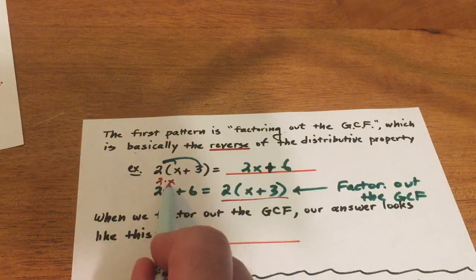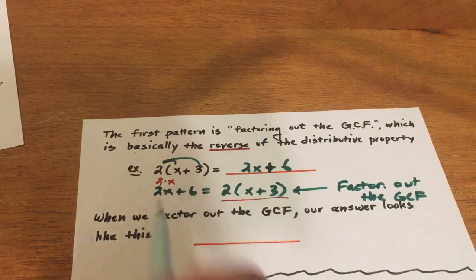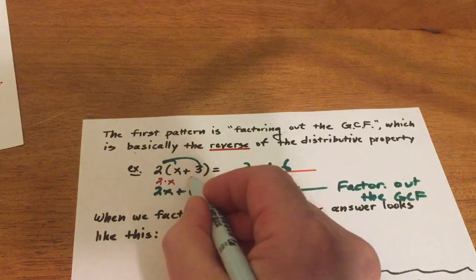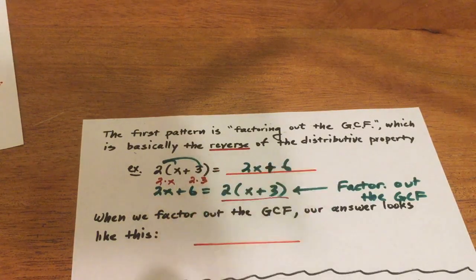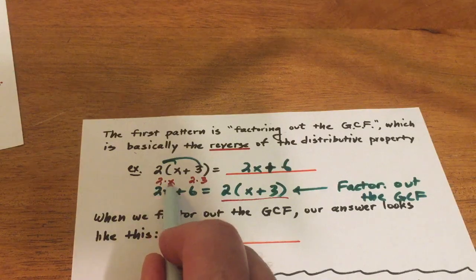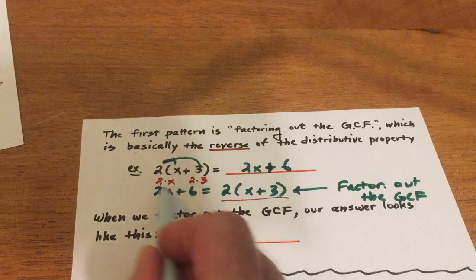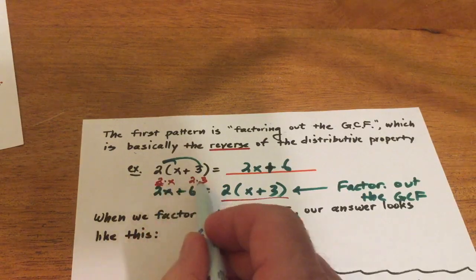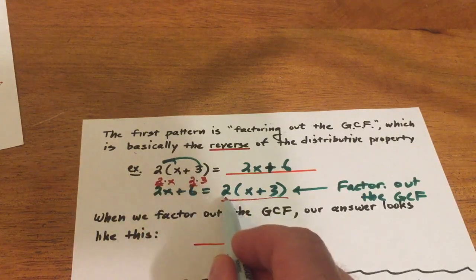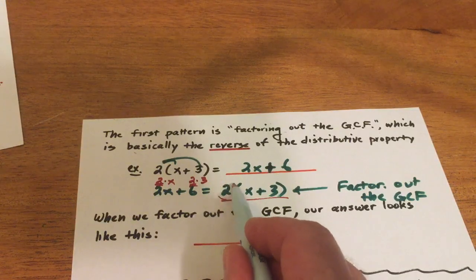Now, what number is x? Hopefully you said any number. What about 6? Well, we know 6 is 2 times 3. What do these 2 red groups have in common? What is the same in both? Well, they both have a 2, don't they? And that 2 is what comes out here in front.